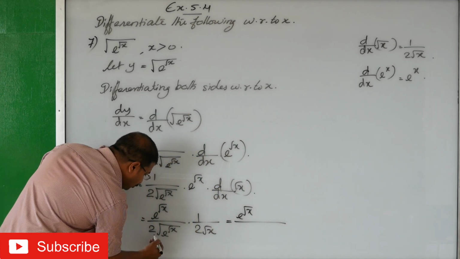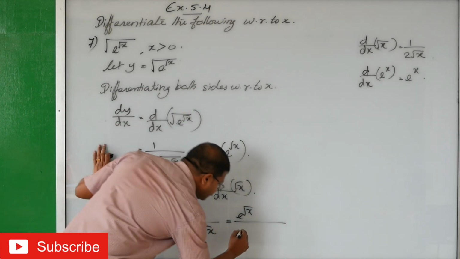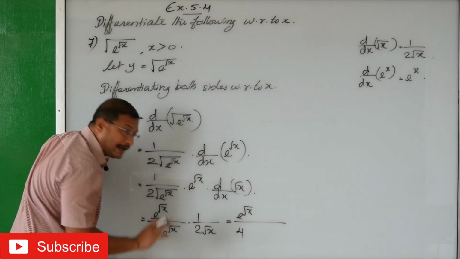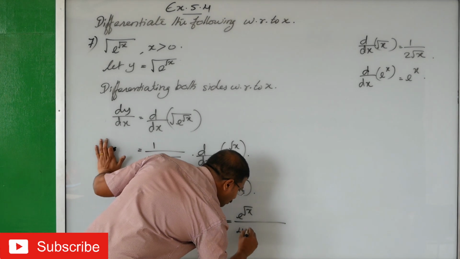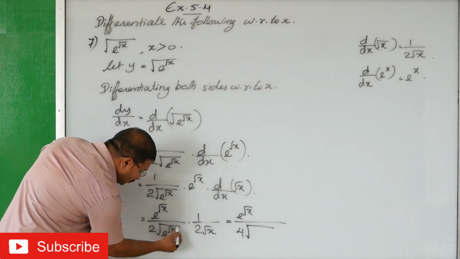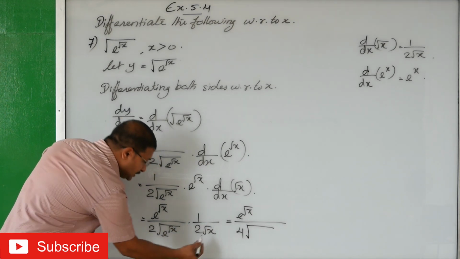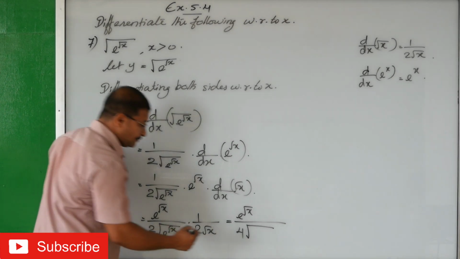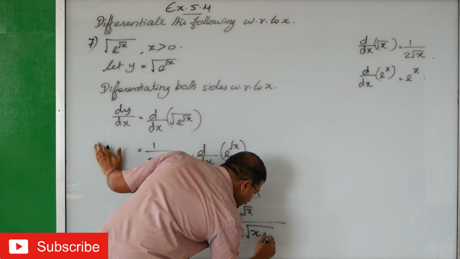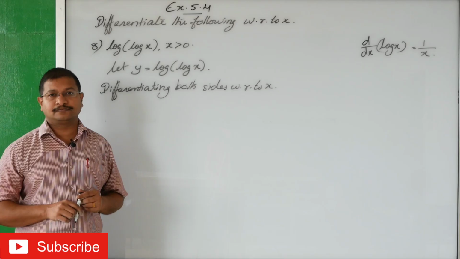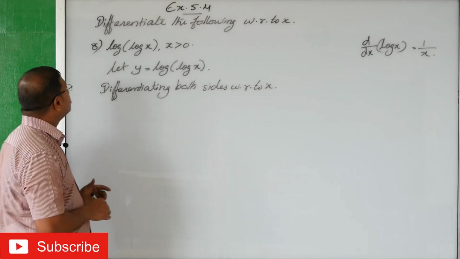Now 2 into 2, 4. Now see, root, here also root, so that root we can take as common. That means root of, what we can do now, see this root and this root we are taking common, so this one will write inside. That means x into e raised to root x. This is your answer. Let's see question number 8.